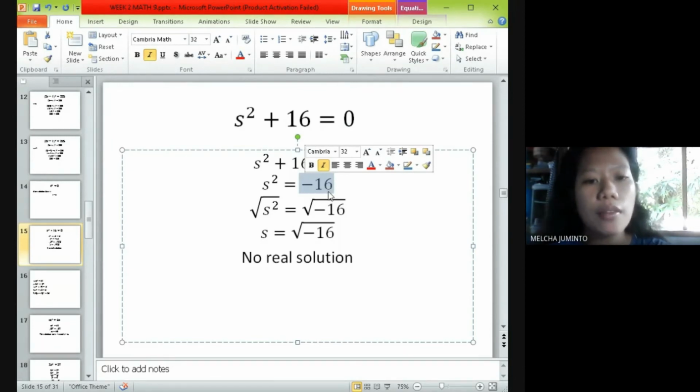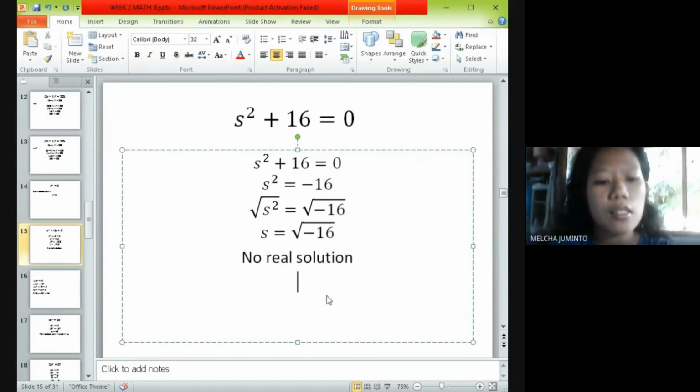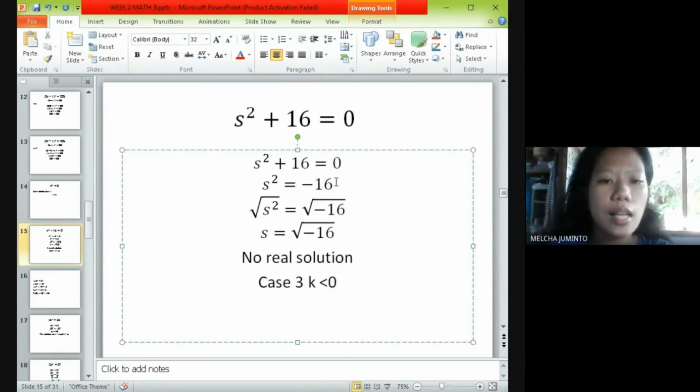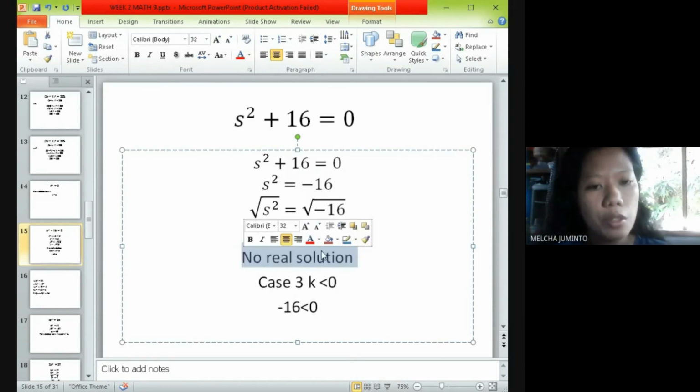So it will fall under case number 3, wherein k is less than 0. Because in this case, k is negative 16. Obviously, negative 16 is less than 0. In short, when k is negative, there's no real solution. The solutions are imaginary numbers.